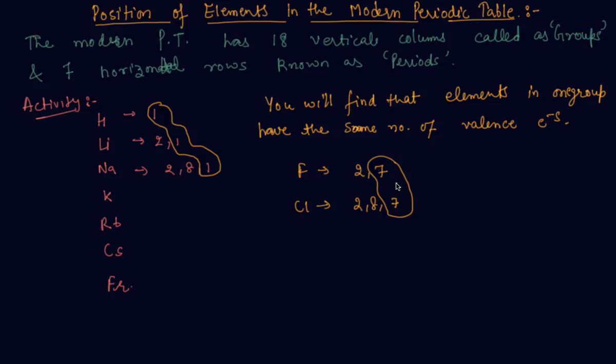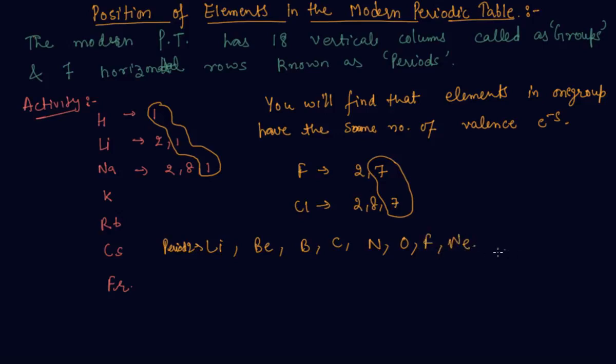Now when you go across a period, let's say period 2, the elements lithium, beryllium, boron, carbon, nitrogen, oxygen, fluorine and neon are present in the second period.